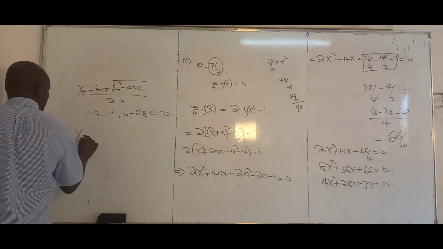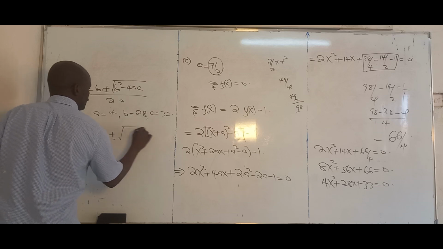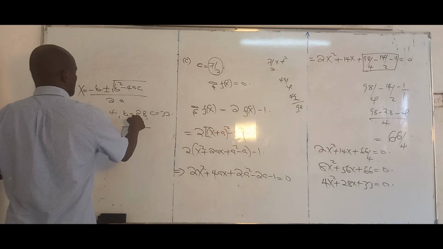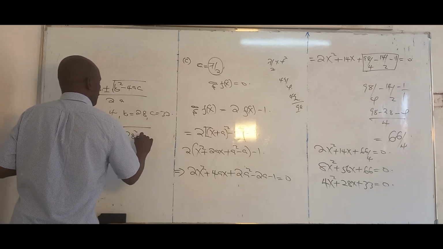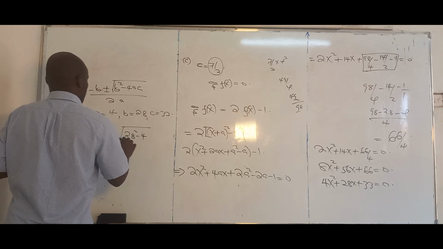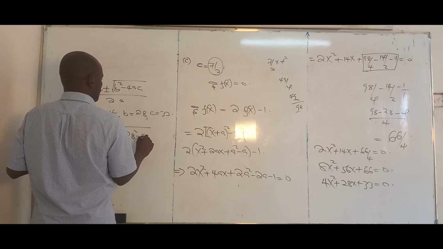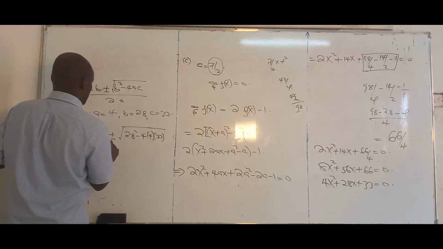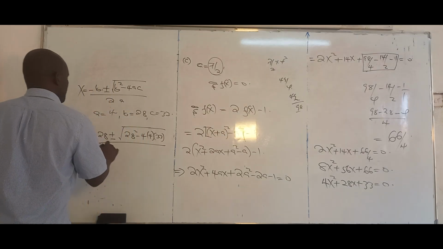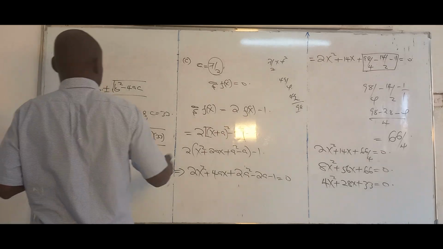So x will then be minus 28 plus or minus square root of 28 squared minus 4 times 4 times 33, everything divided by 8 because it's 2a.